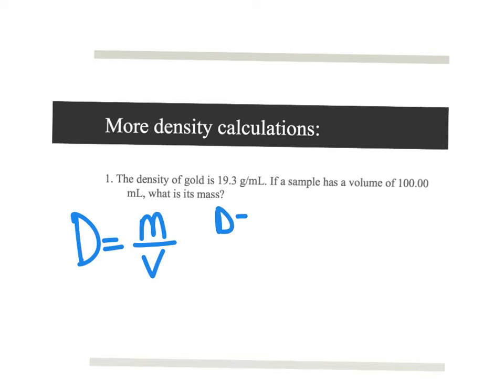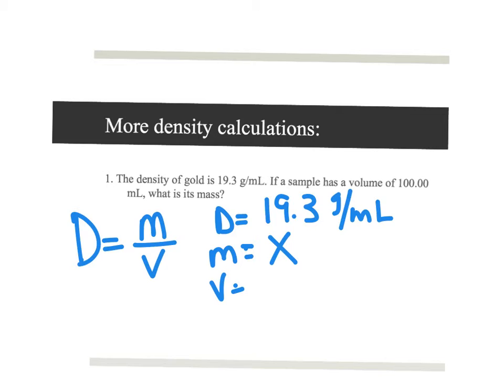We know, if it helps to break it out like this, you can do that. We know our density is 19.3 grams per milliliter. We know that we're looking for mass, and my volume is 100 milliliters.